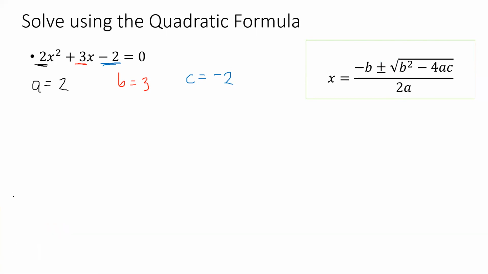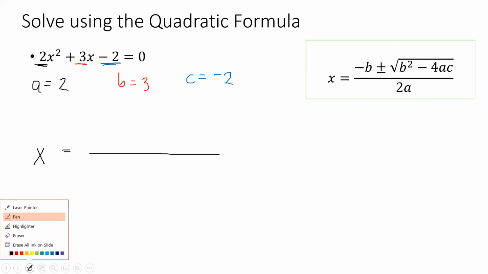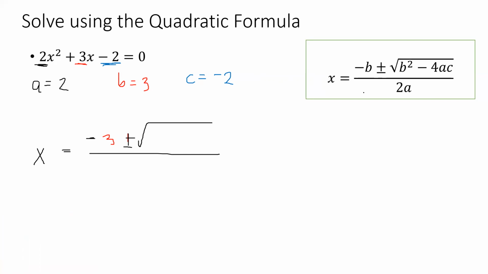We get x is equal to negative b, that is -3, plus or minus the square root of b squared, which is 9, minus 4ac, 4 times 2.